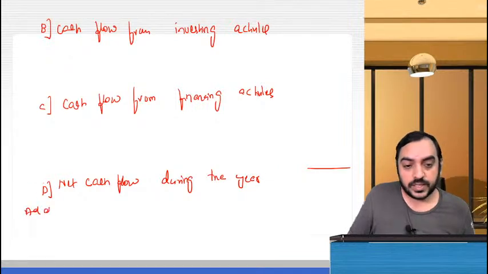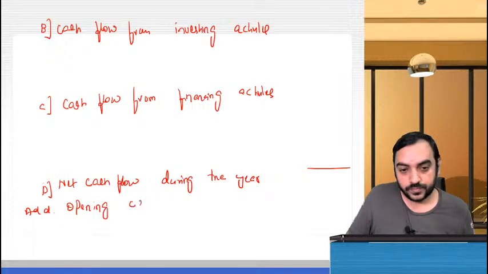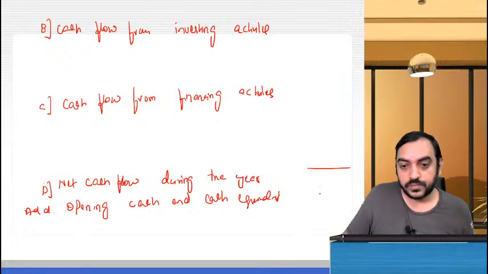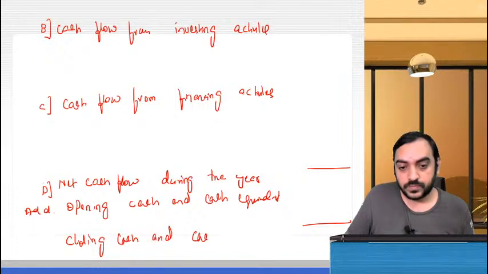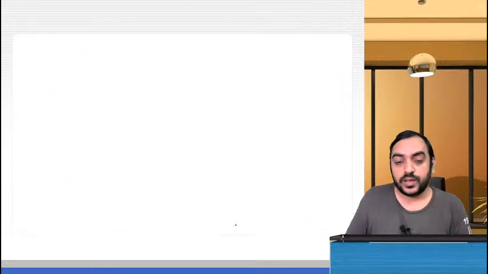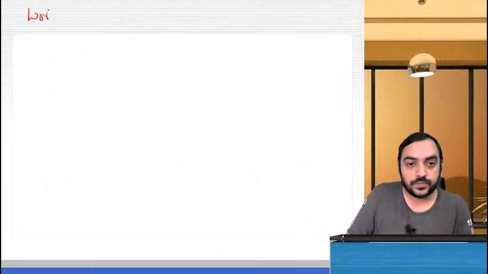Add opening cash and cash equivalents. Leave one line for the resultant; I'll tell you why later. Then we write closing cash and cash equivalents. Any working note, we'll write it later. Working notes.